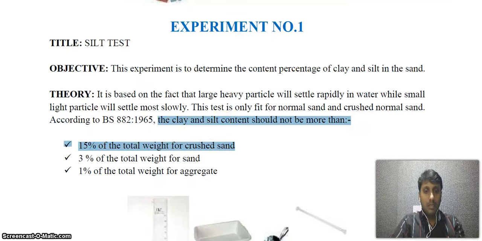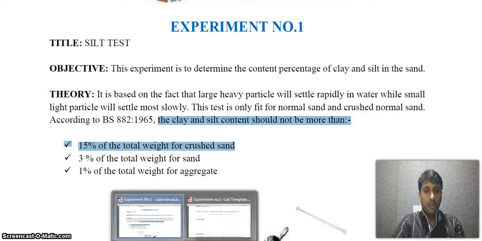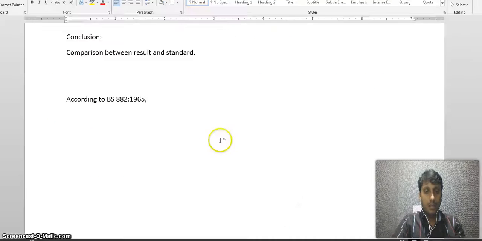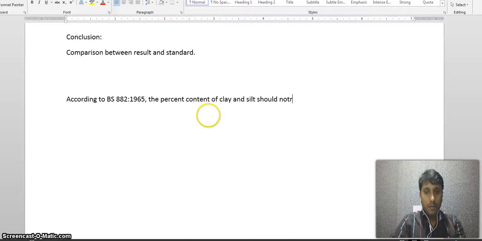The clay and silt content should not be more than 15% of the total weight of the crushed sand. The percent content of clay and silt should not be more than 15% of the total weight of the crushed sand. This is the standard.